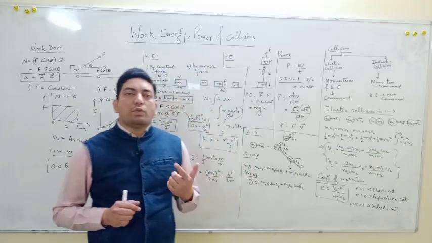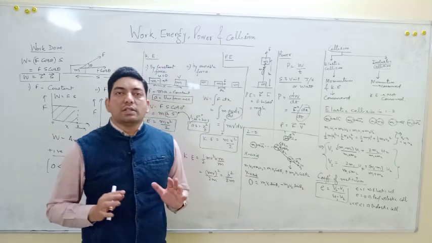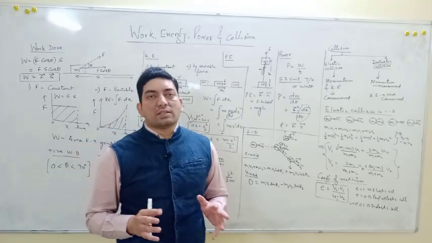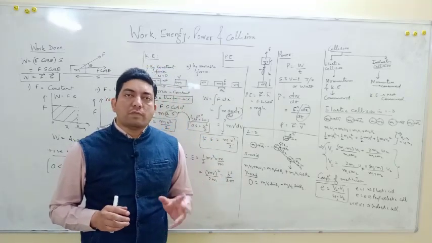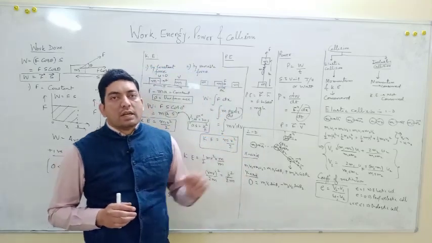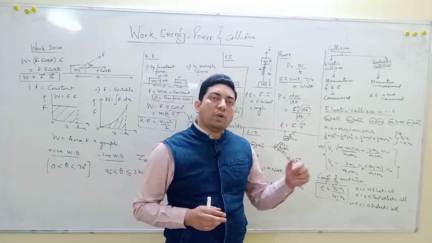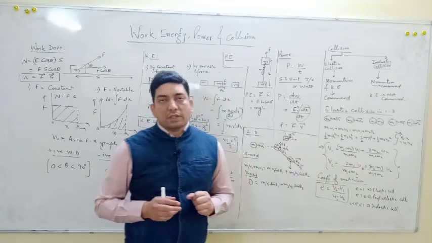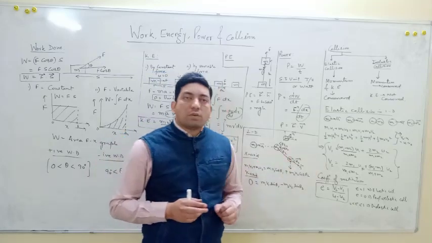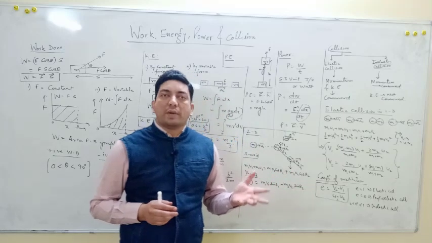In collision, you have two types of collision, elastic collision and inelastic collision. When momentum and kinetic energy both remain conserved, then it is called elastic collision. When momentum is conserved but kinetic energy is not conserved, then it is called inelastic collision. In elastic collision in 1D, you observe that relative velocity of approach will always be equal to relative velocity of separation, whereas in inelastic collision, you just use the expression for momentum conservation.